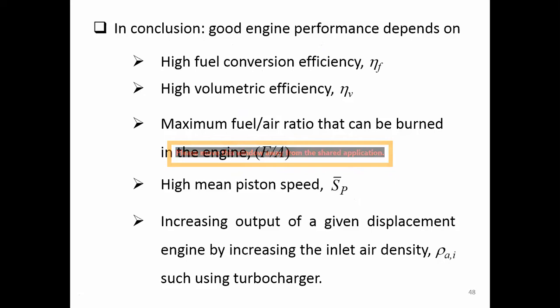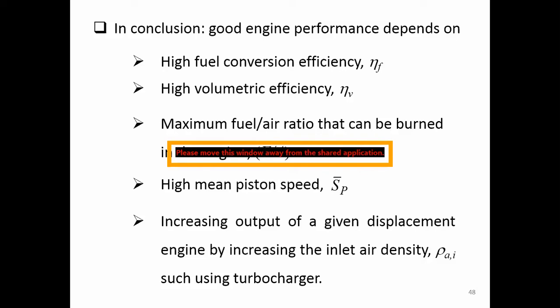The maximum fuel air ratio that can be burned in the engine, F over A, how much of the mixture you can supply at this maximum ratio. High mean piston speed. All of this will give you a good engine performance.